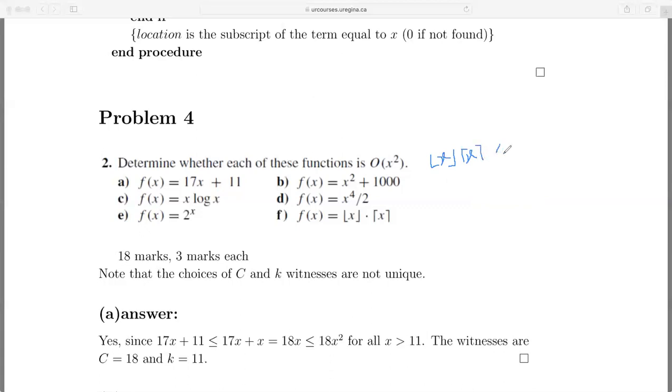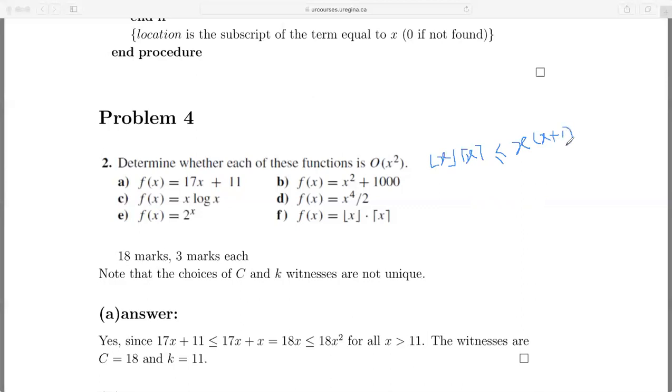So if you write it this way, the floor here will be x, that's the greatest integer here, and the ceiling will be x plus 1, because that's the smallest integer which is greater than or equal to x.